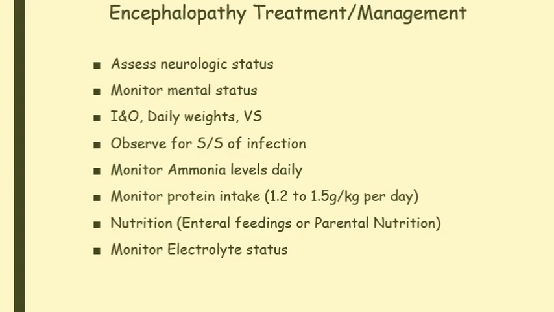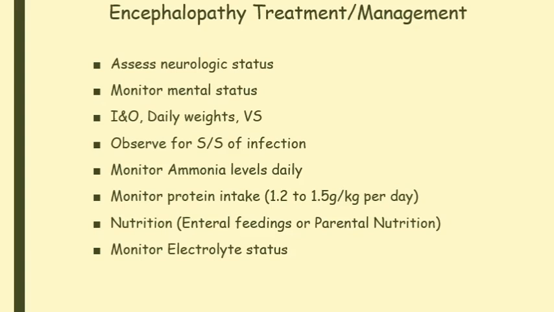With this patient, we need to be very, very cautious and very, very conscientious of their protein intake. Their protein intake only needs to be 1.2 to 1.5 grams per kilogram per day. Very key for hepatic encephalopathy.